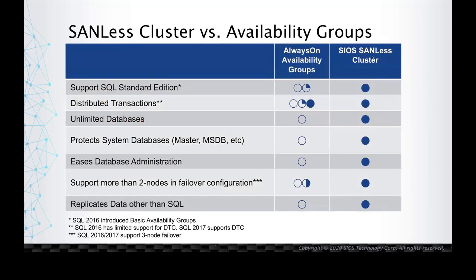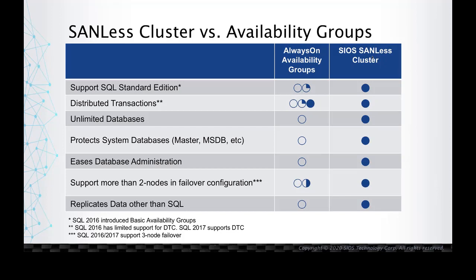I said I would compare and contrast the two solutions: the SANless cluster, that's the SQL Server FCI with DataKeeper, versus the Always On availability groups. The big thing right out of the gate is the support for SQL Server Standard Edition. I mentioned that with Standard Edition, you get basic availability groups starting, I think, in SQL 2016, versus being able to build a two-node SQL Server FCI with Standard Edition.